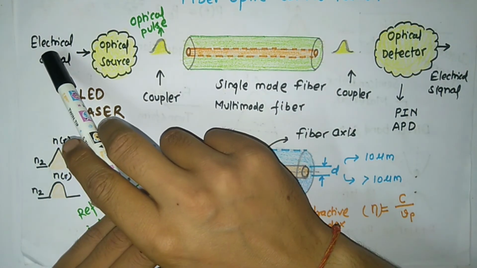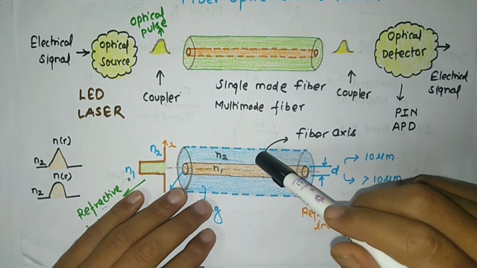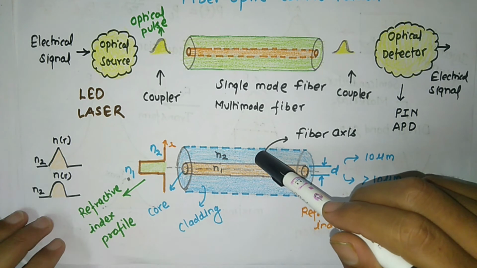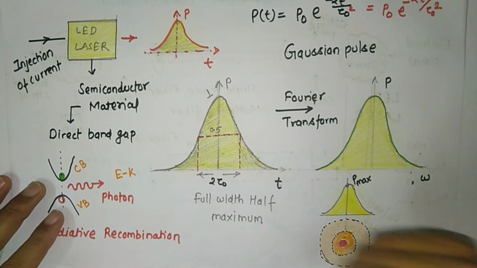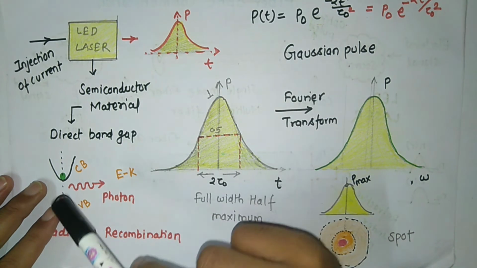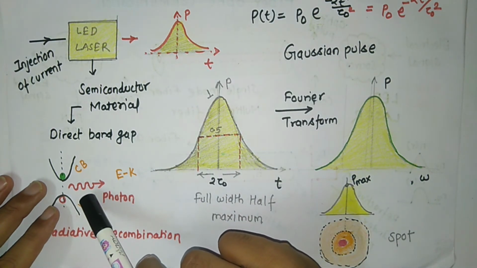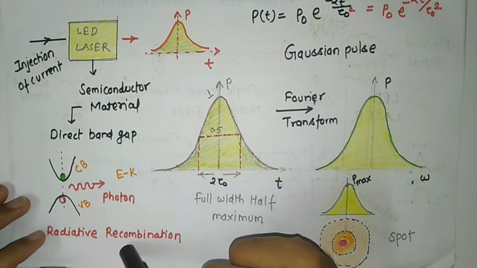Recall what was the electrical domain, what was the optical domain. Core and cladding exist in the optical fiber, along with the refractive index profile, as well as the optical source. In the case of optical source, we use semiconductor material. It must be a direct band gap semiconductor. This type of recombination is known as radiative recombination.